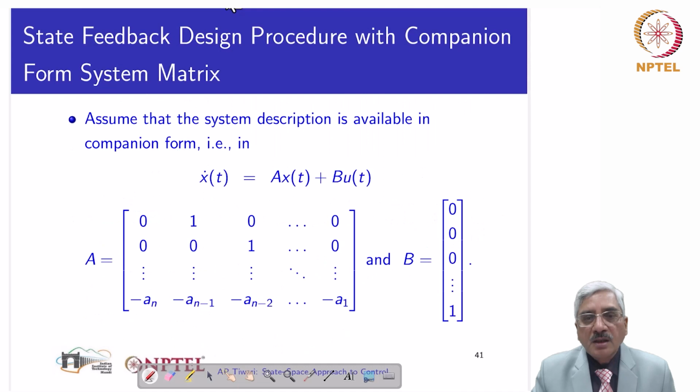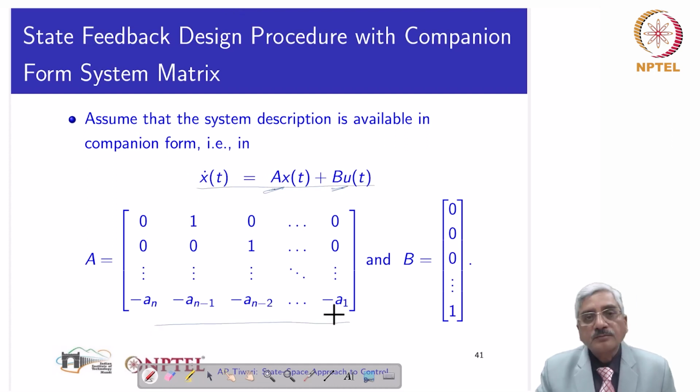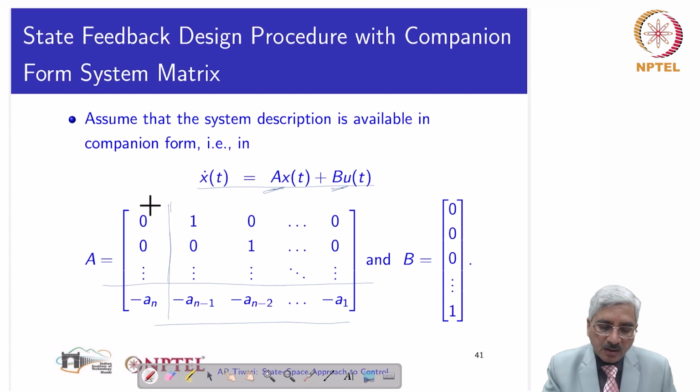However, if the description of the system is available in companion form, then the design task is particularly very easy. This is a companion form representation. This was introduced earlier. In this, the first column is 0, except the last element, all elements are 0.